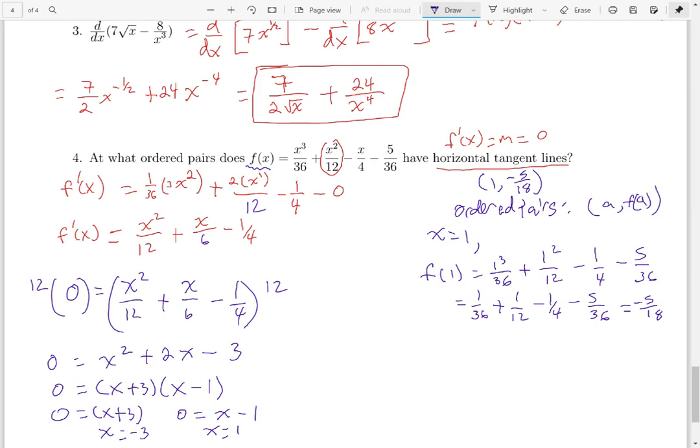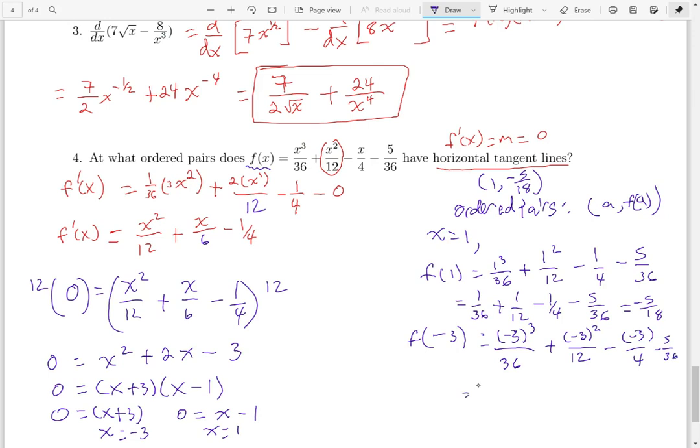And then let's find the second ordered pair. Plug in negative 3. That's going to be negative 3 cubed divided by 36 plus negative 3 squared divided by 12 minus negative 3 divided by 4 minus 5 over 36.